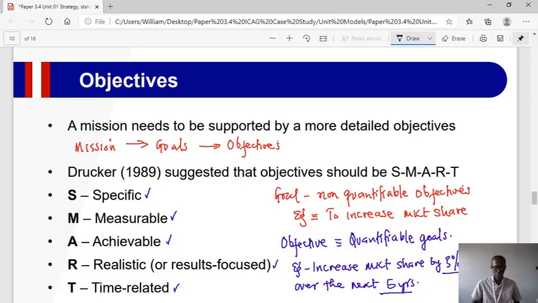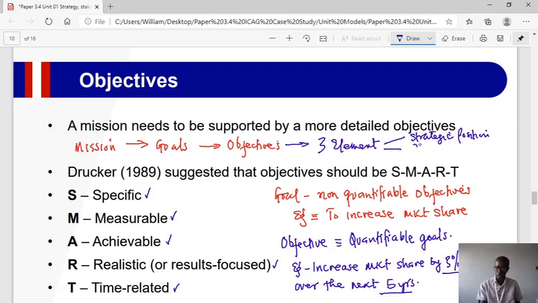So having your missions, you go on to goals. From goals, you go on to objectives. Then from the objective, you go to the 3 key elements that have to do with corporate strategy, and that has to do with your strategic position or analysis of your strategic position. And we'll delve into this one a lot in all the subsequent chapters.